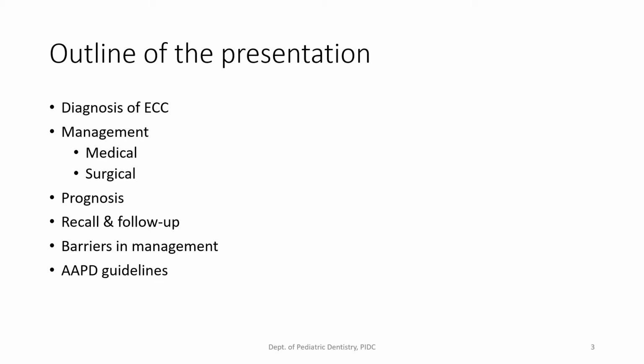Then we're going to look at the prognosis of management, recall and follow up, and then we'll also look at the barriers in the management of early childhood caries, so we know how to avoid or overcome those barriers. And lastly, we will look at the summary of American Academy of Pediatric Dentistry guidelines, which is quite comprehensive when we talk about management of early childhood caries. So let's begin.